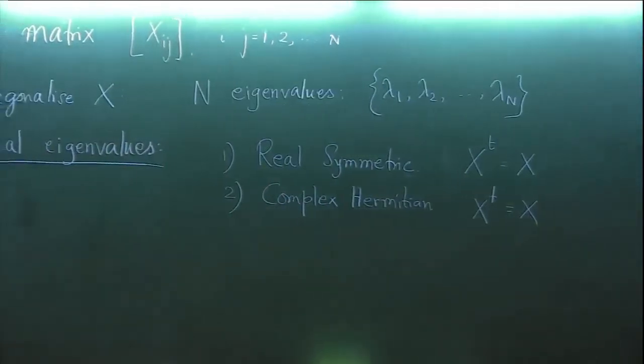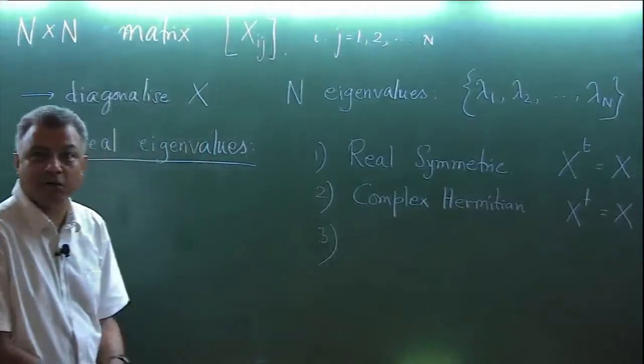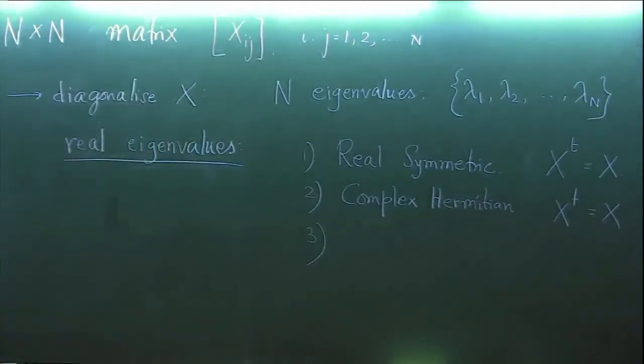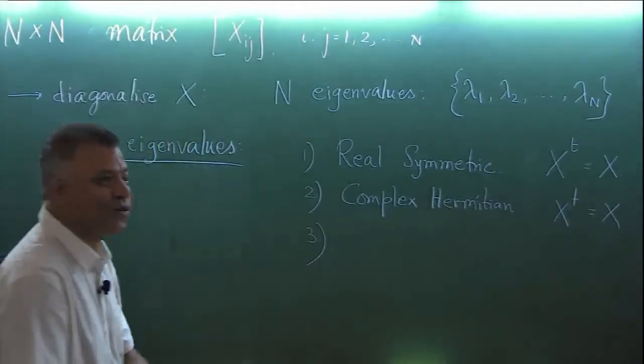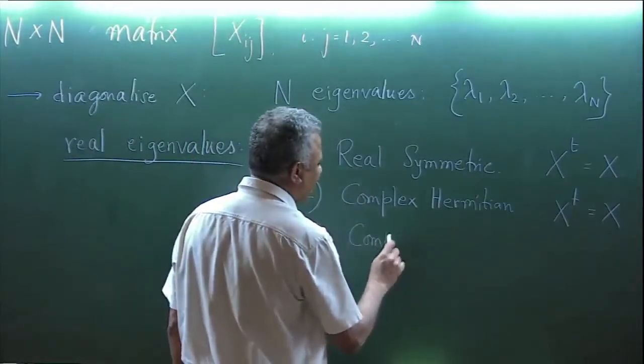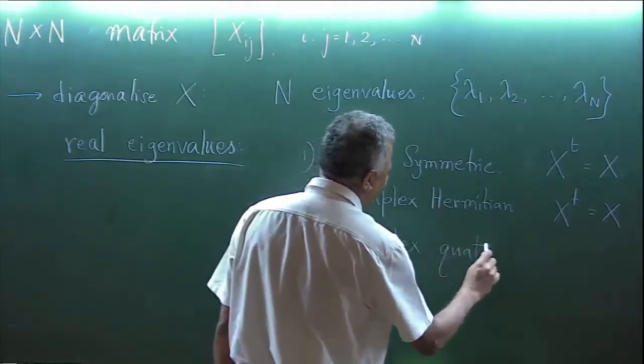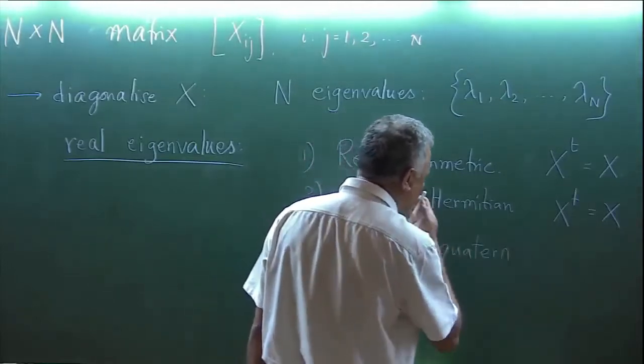Is there any third example? Anybody know? Quaternion, yes, complex quaternions. But quaternion is already a complex word, so I'm not going to talk about quaternions at all. It's some generalization of complex numbers.